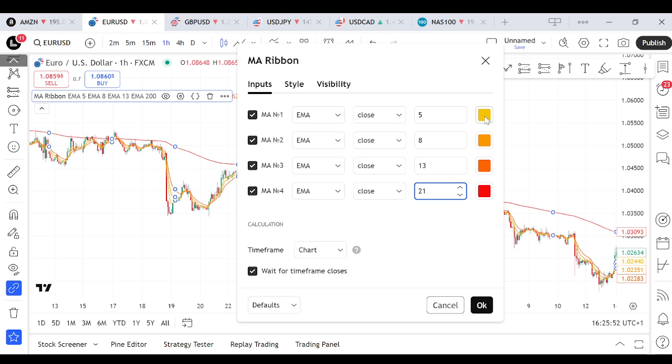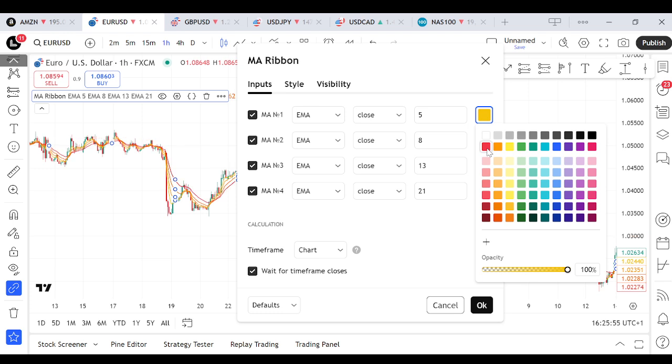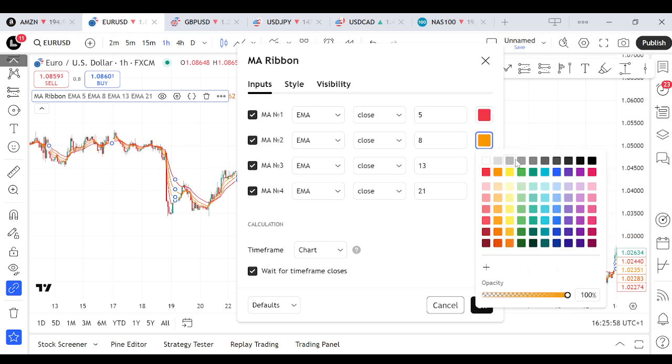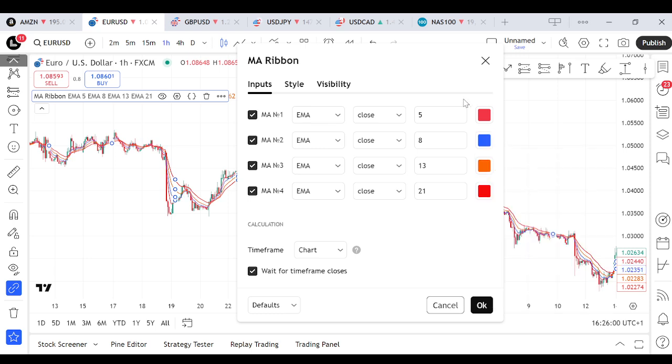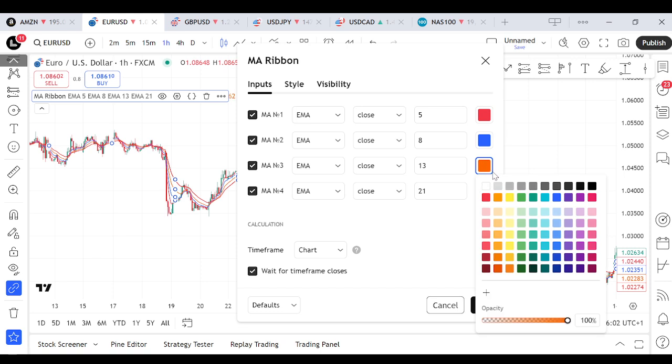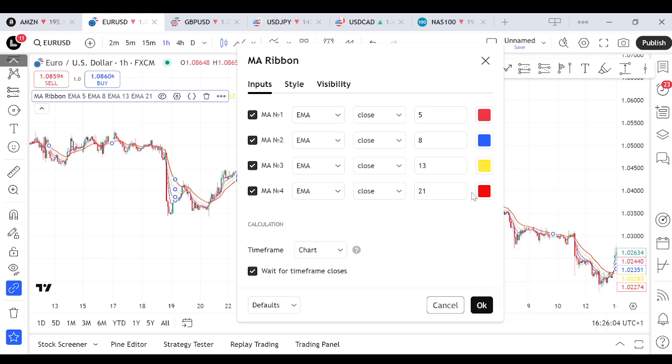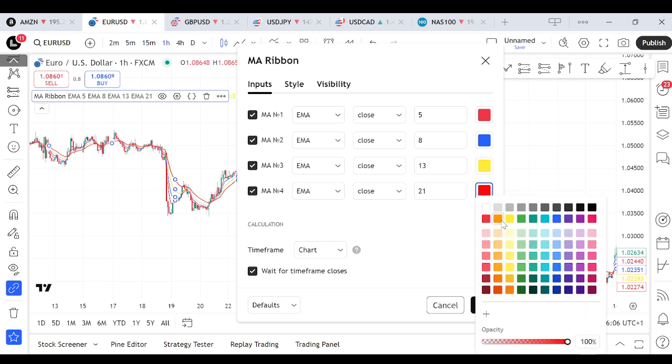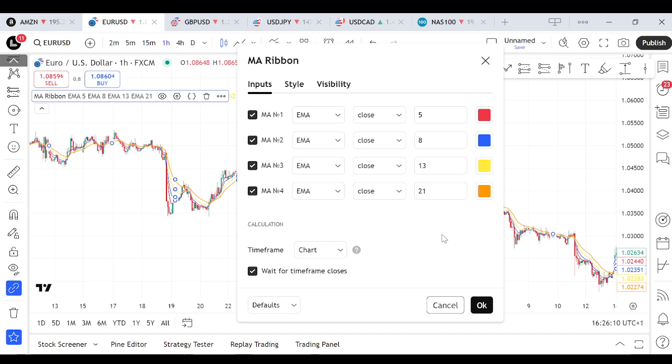So I'm just gonna adjust the colors. 5 can be red, 8 can be blue, and this can be yellow, and this can be orange. Okay, now we can see it.